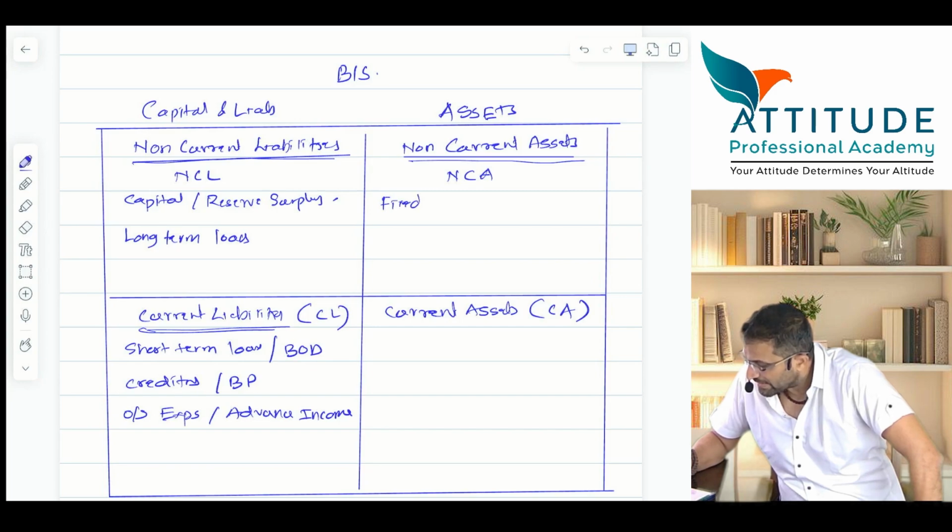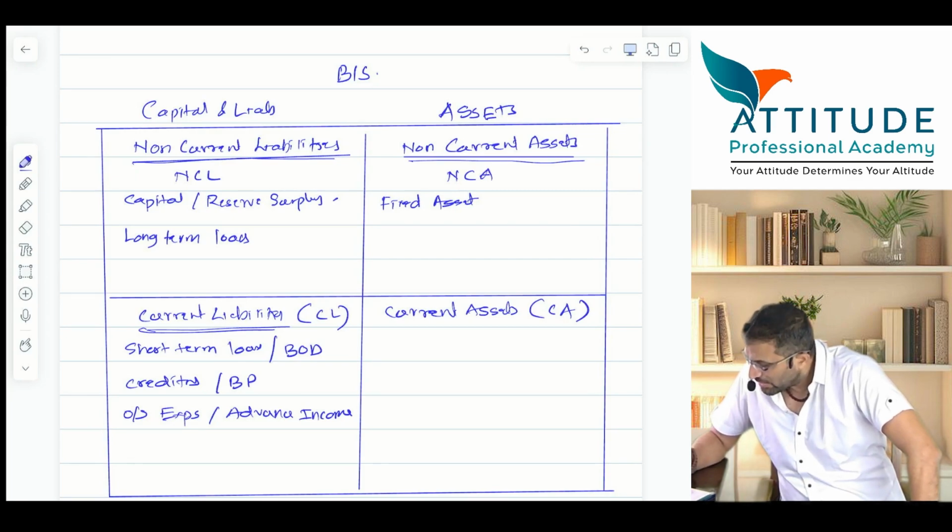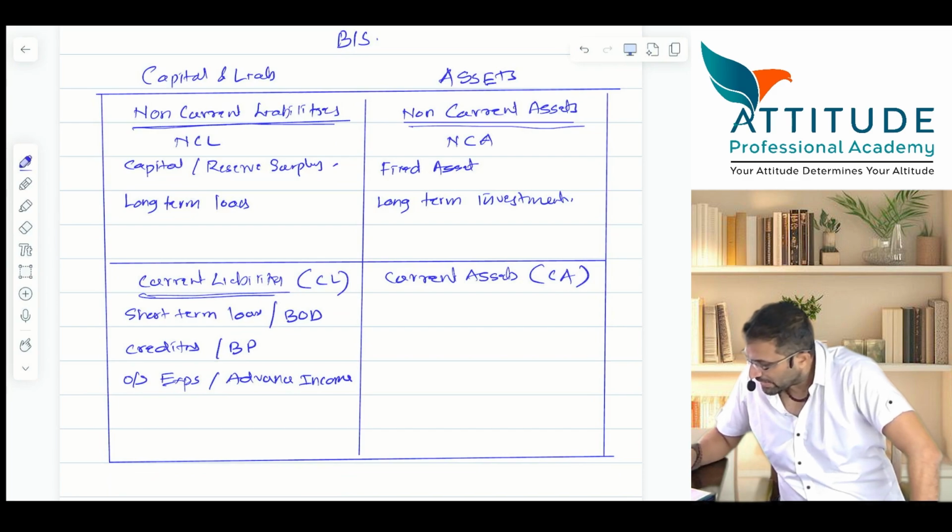Fixed assets. All fixed assets will come here. Land and building, plant and machinery, furniture and fittings, all these things. Then long-term investments. Okay. Then current assets में क्या क्या आएंगे?